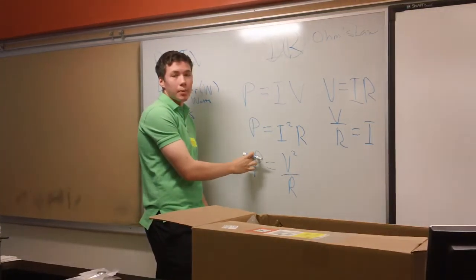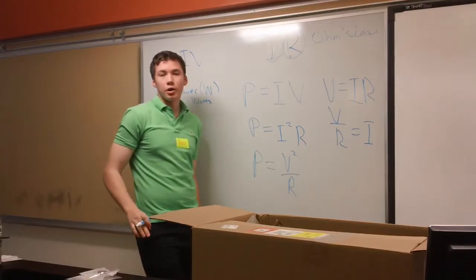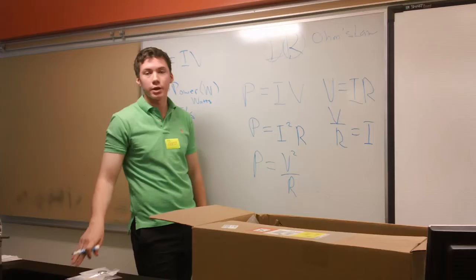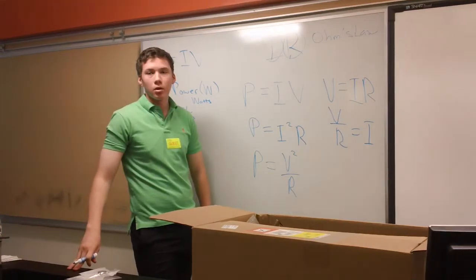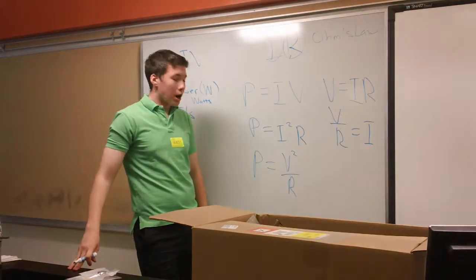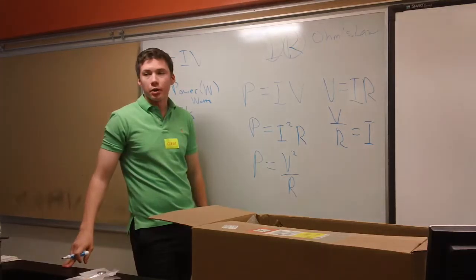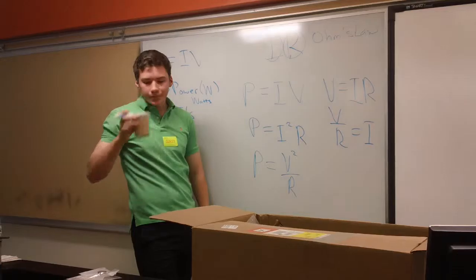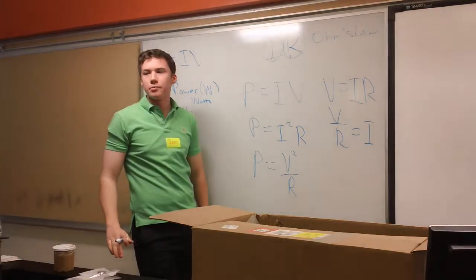And this is going to tell you the power, how much energy your LEDs are giving off, how much energy in the form of sound your speaker is giving off, or how much energy in the form of heat your resistor might be giving off. That was a good question though. Does anyone have any others?